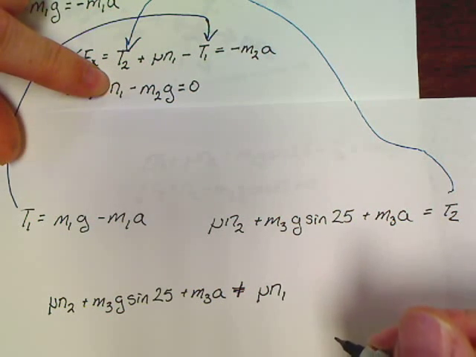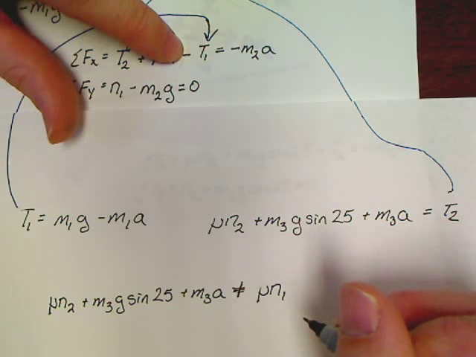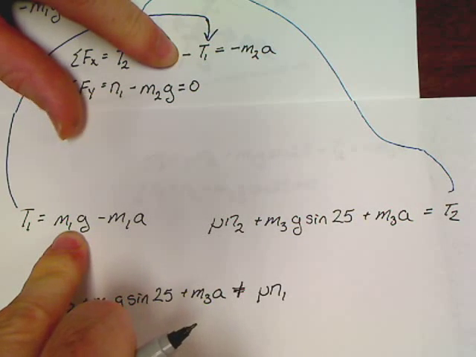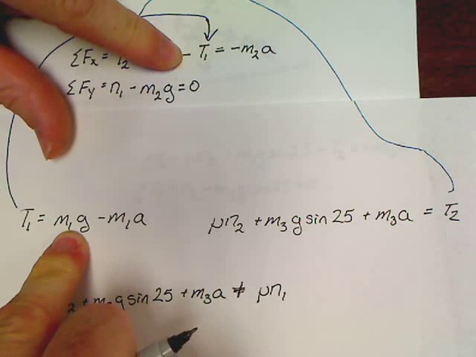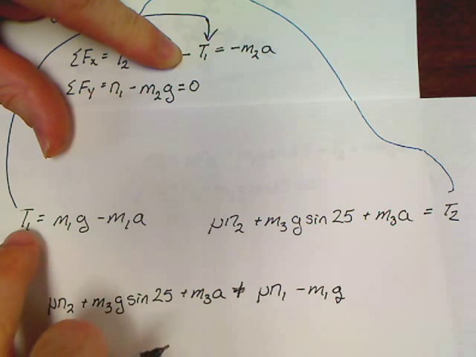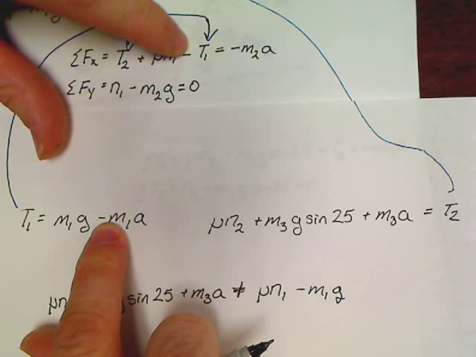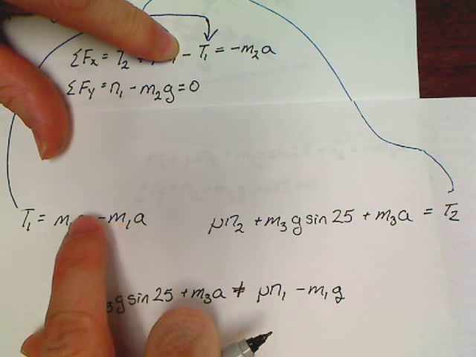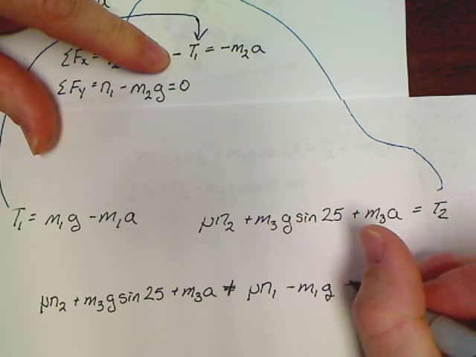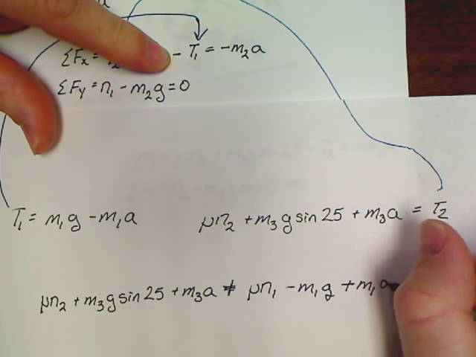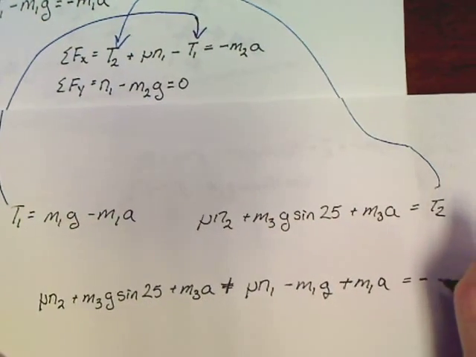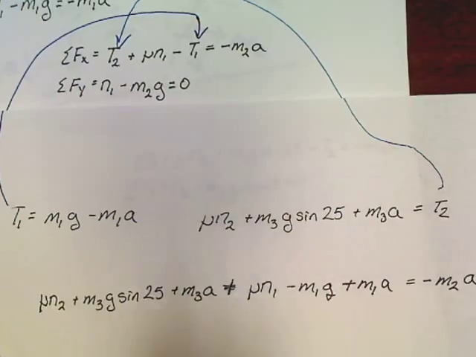Yes, we'll have to plug in that N1 eventually. Now check this out, minus T1. So this is going to be minus M1G minus negative M1A, so it's going to be plus M1A, and all that is now equal to negative M2A.